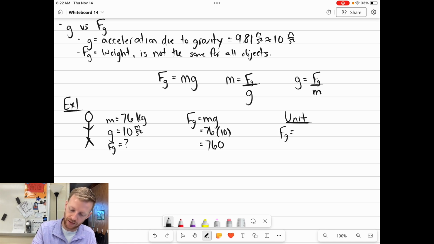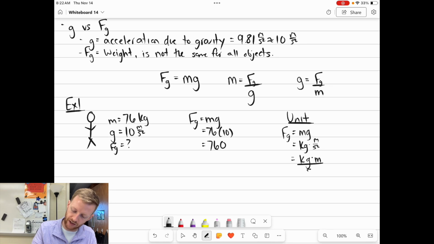So F sub g is mass times gravity, which is kilograms times meters per second squared, which would mean that my force is kilograms times meters divided by seconds squared. And that's a lot to write. And we have an entire unit entitled forces, so I hope you're ready to write that 1,000,000 times, because scientists are not, and we're lazy. So we decided to call it a Newton, or capital N.